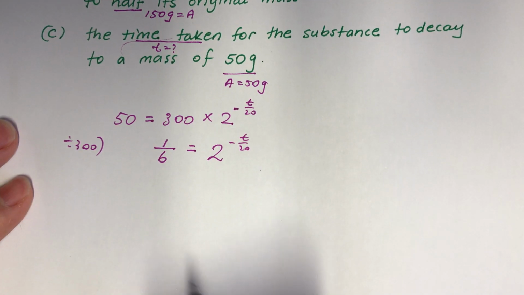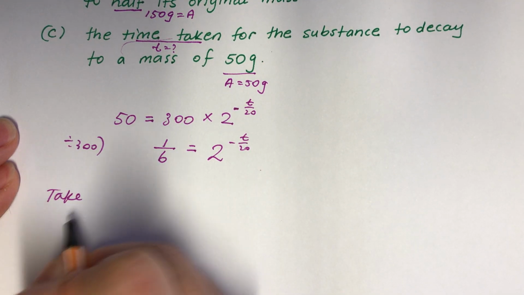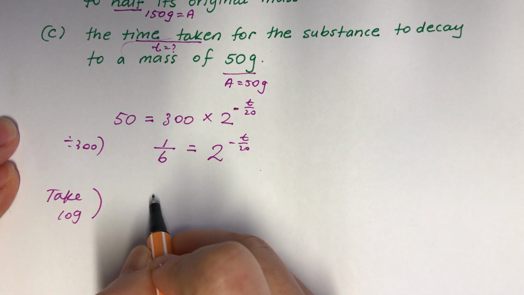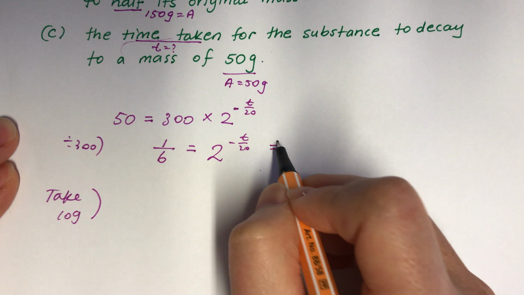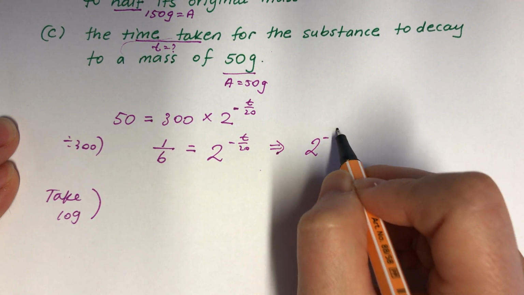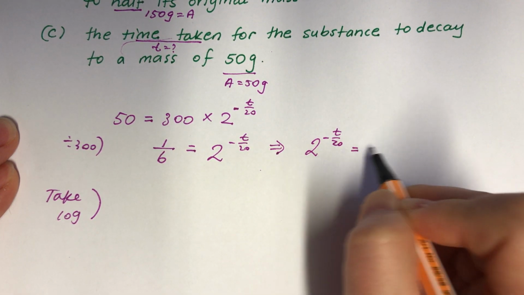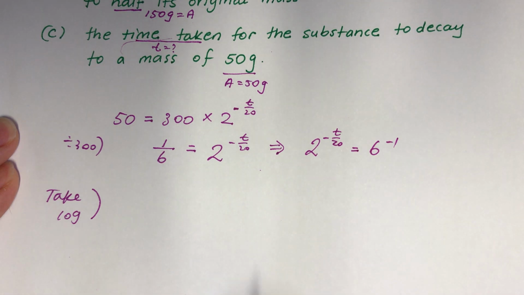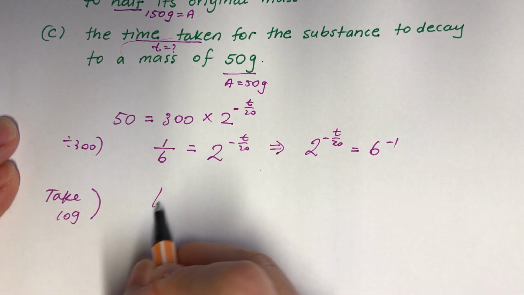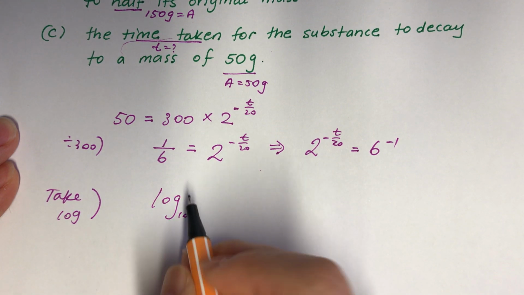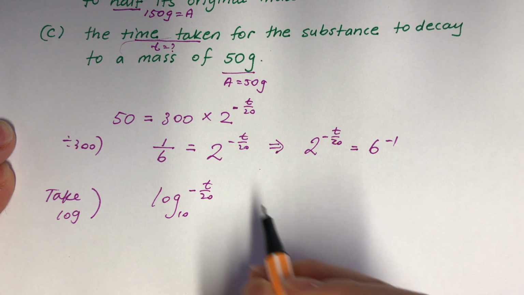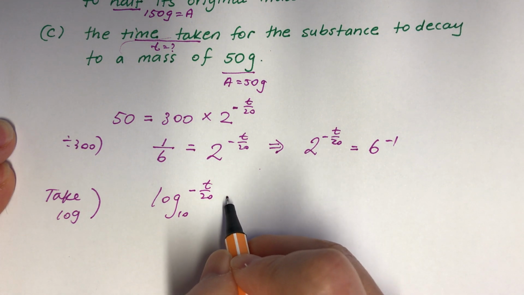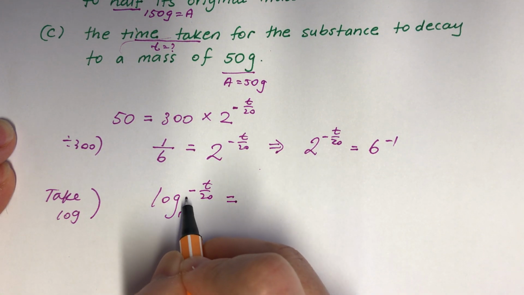Okay, and then I'm going to take log. Actually, I'm going to change this to 6 to the power of minus 1. Always put it into index form, guys. That's a lot easier. So I'm going to put log here. It's always base 10 because that's what we use in the calculator, guys. In the calculator, log is always base 10. Oops, I forgot something, didn't I?